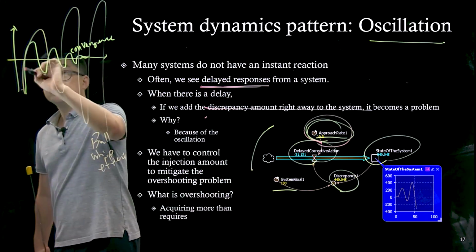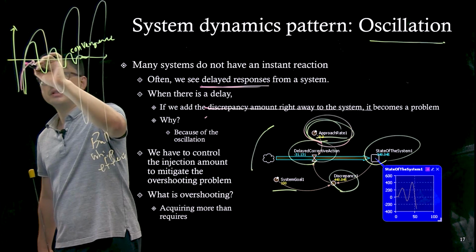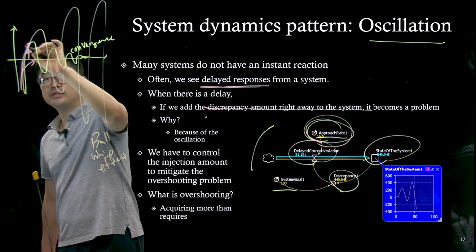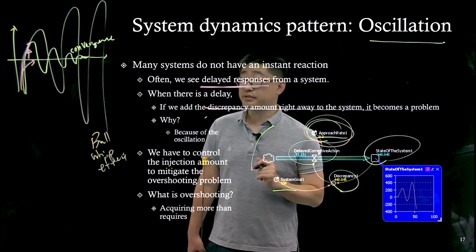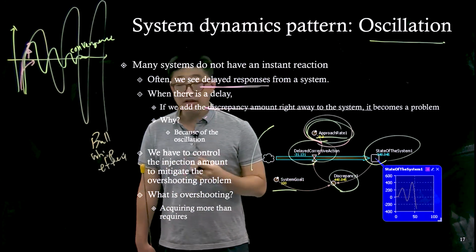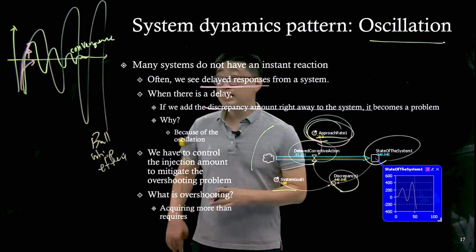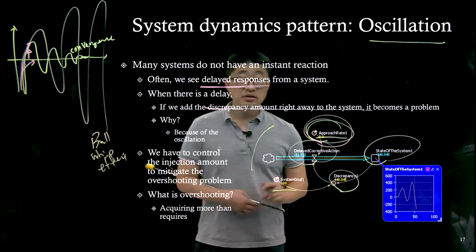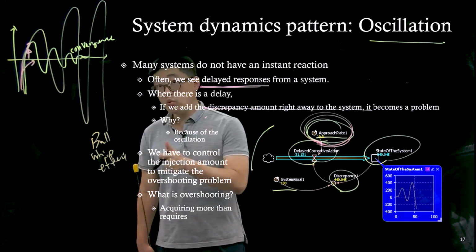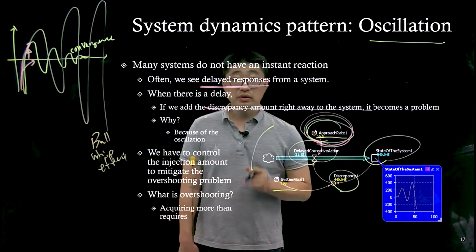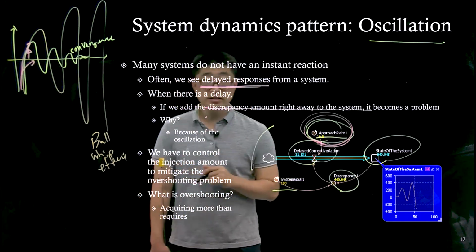Overshooting means that rather than convergence, it overshoots. So this is the overshooting. And if this overshooting behavior becomes large, then the oscillation will be impacted. So the approach rate is one factor of that problem, the oscillation case.